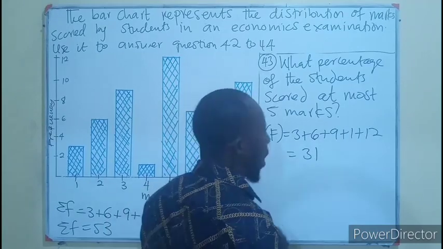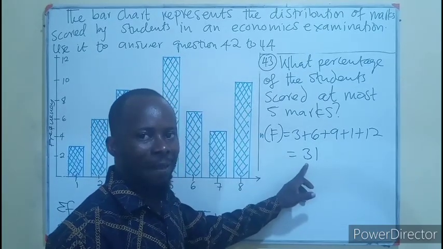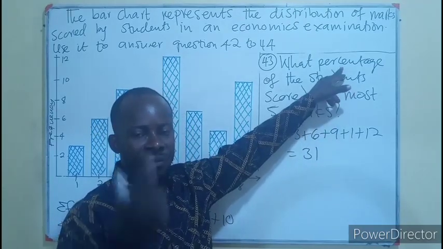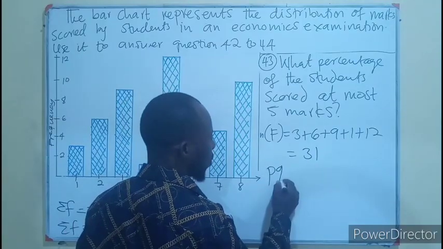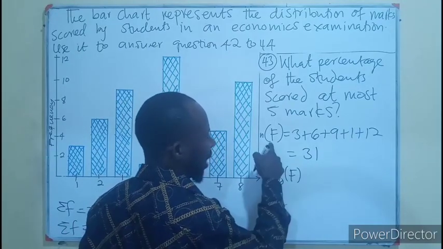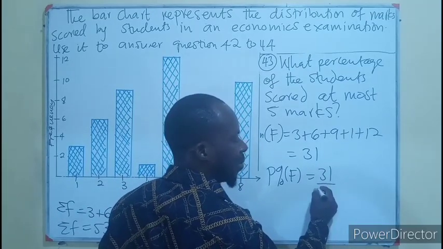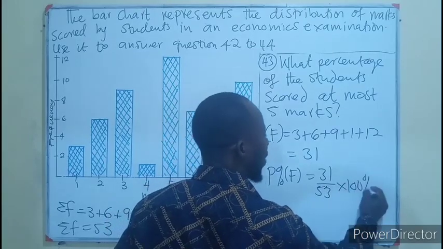That will be 31. So if this is the number of those who had at most 5, we are looking for percentage. We need a fraction times 100. So the percentage of F, which is the number of F, will be 31 over total sample space, which is 53, times 100%.